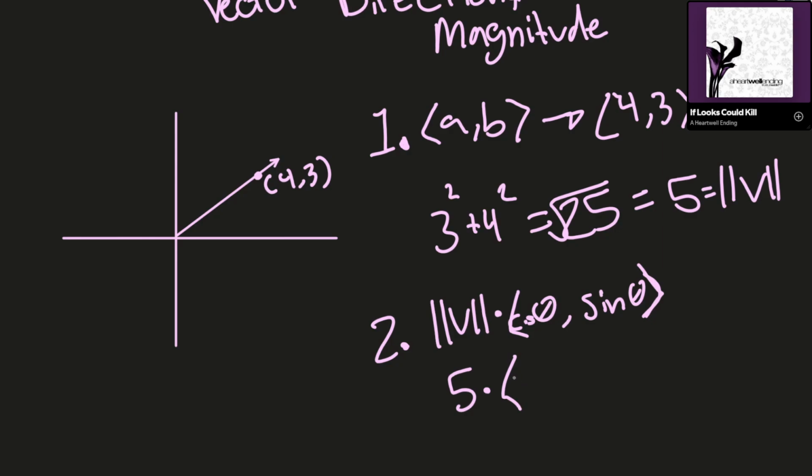Theta here, we can just use our arctangent, arcsine, and arccosine to figure this out. We can do cosine of arctan 3 over 4, because it is y over x. That is how that works.